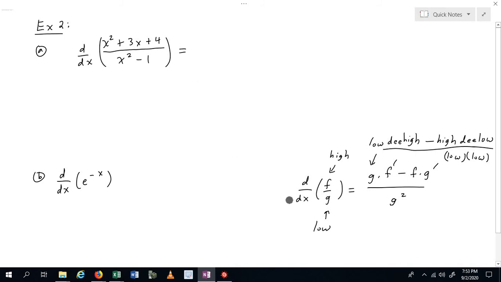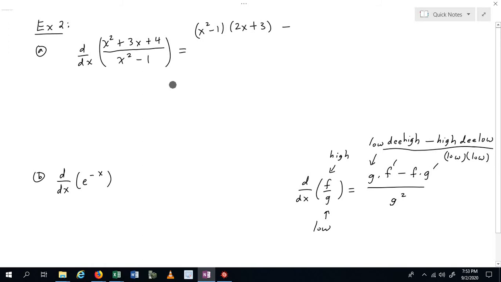Anyway, having said that, let's find this derivative using the quotient rule. All right, so it's low d high, so the derivative of the high, that'd be 2x plus 3.